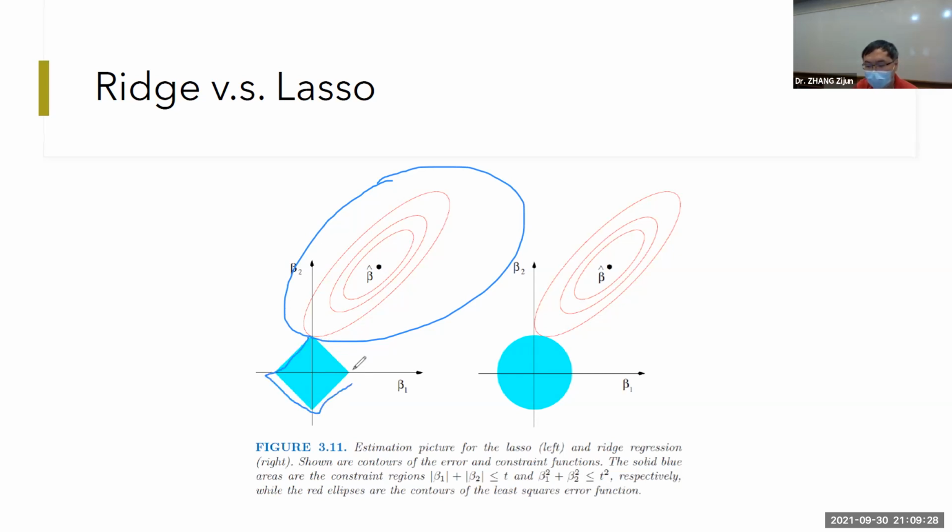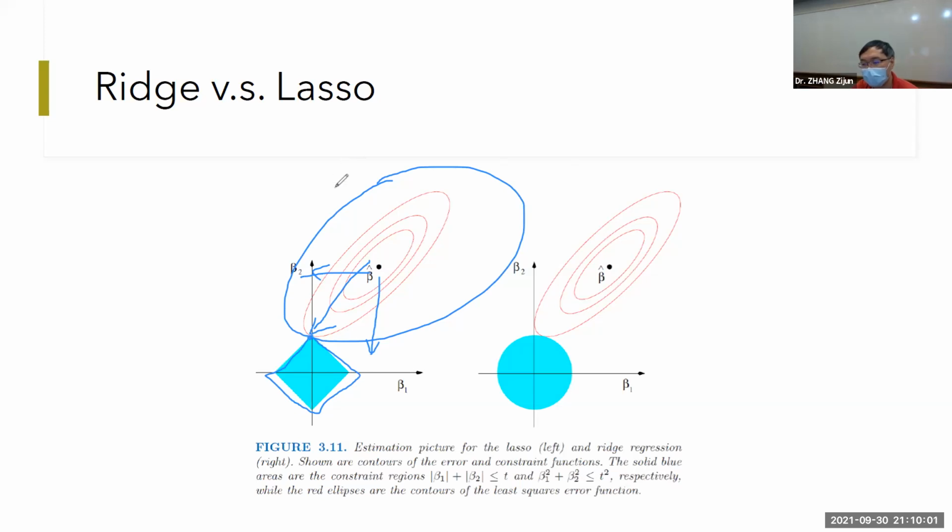And this one is the constraint region. If we move this contour this way, which means we make the beta estimates close to 0, we move this way or that way, so we can really touch the point where beta has 0 value with no problem.